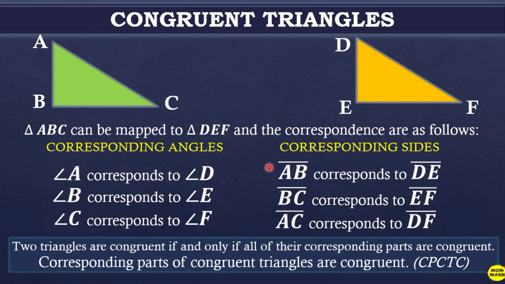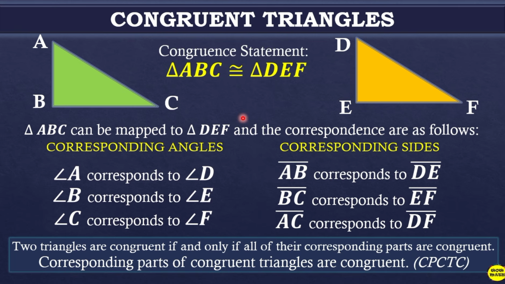So, kapag masasabi lang natin na congruent sila kapag yung corresponding parts nila are also congruent. Kaya kanina, in-identify natin yung mga corresponding angles and corresponding sides. So, that way, we can say that triangle ABC is congruent to triangle DEF.